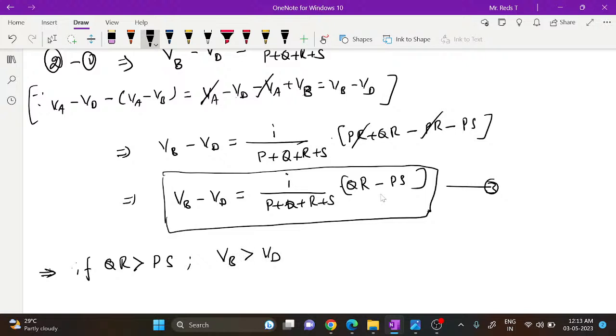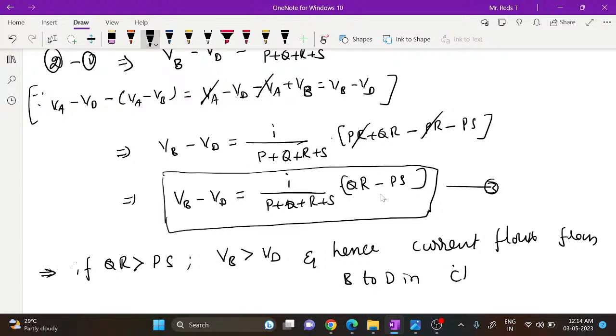So you get a positive value of potential difference. So if QR is greater than PS, VB should be greater than VD, and hence current flows from B to D in the circuit.